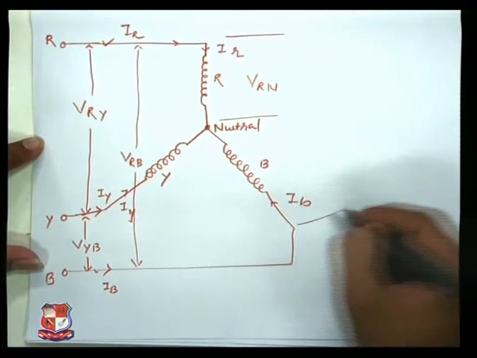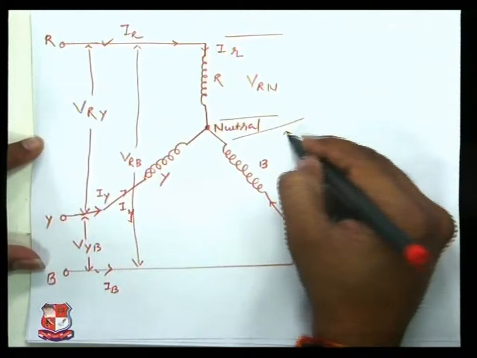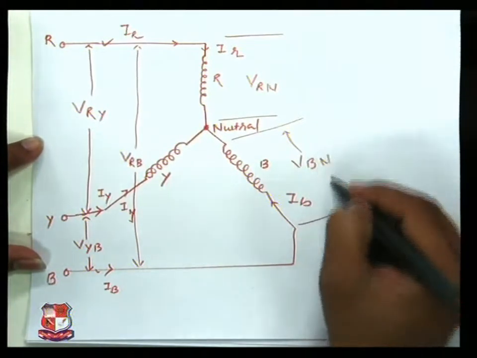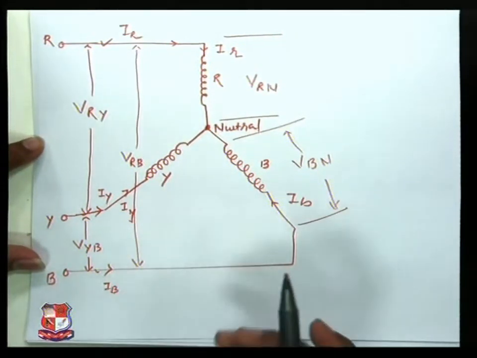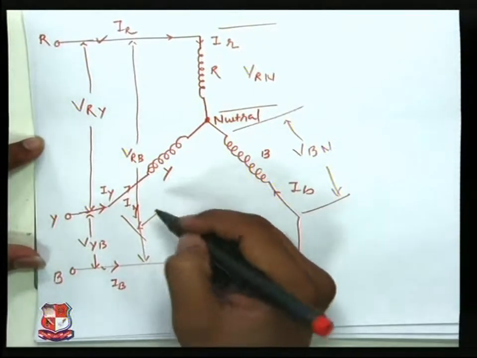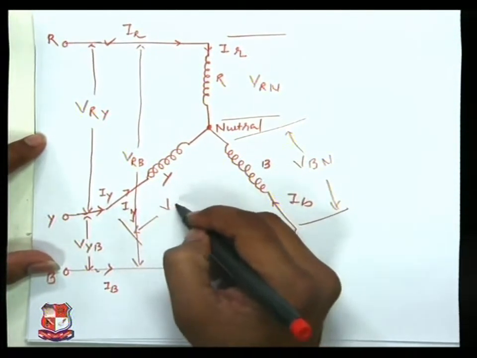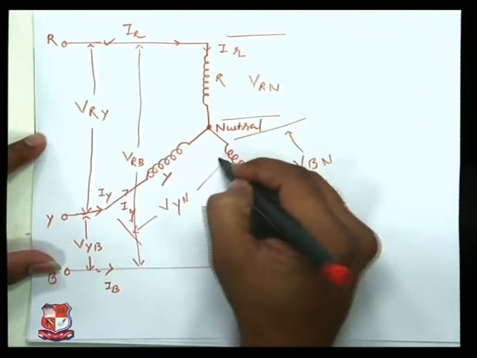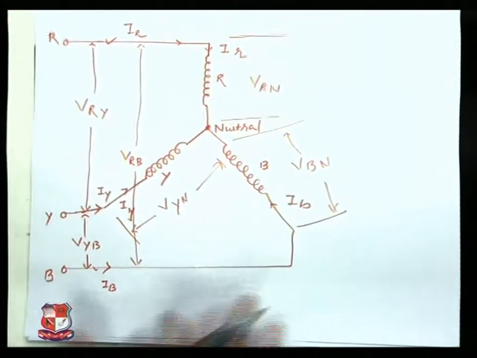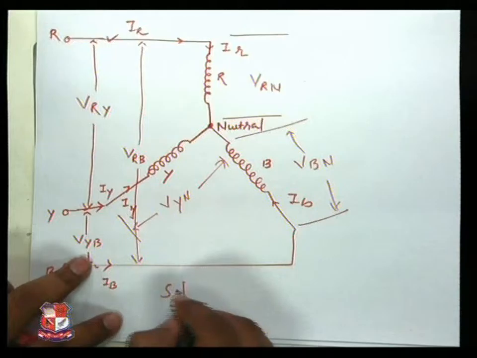Between B and N is VBN, the phase voltage, and this one is the voltage between Y and neutral N. So these are the star connection.